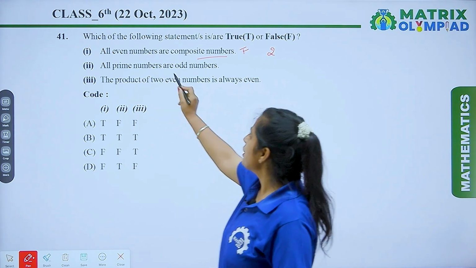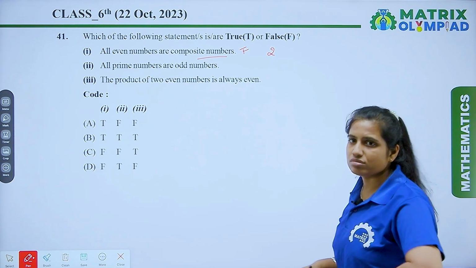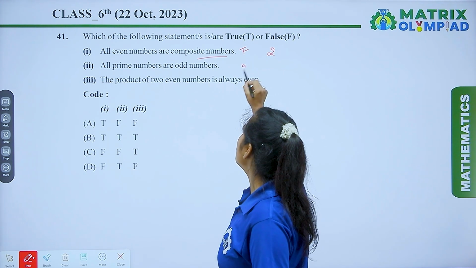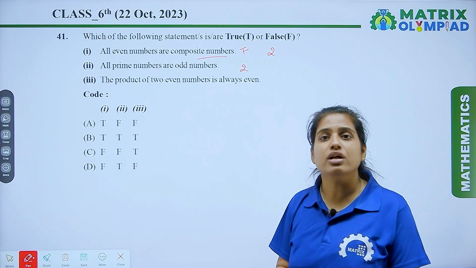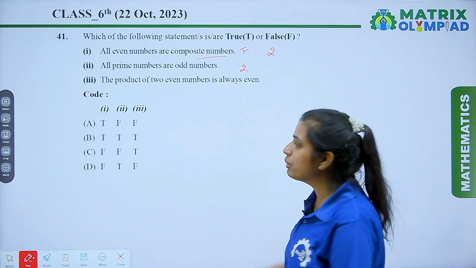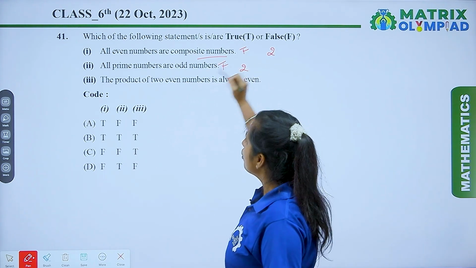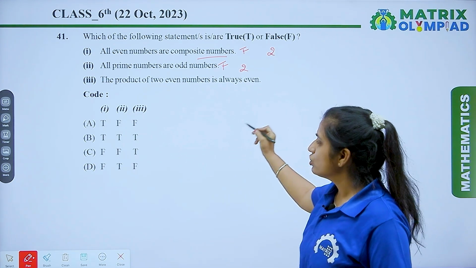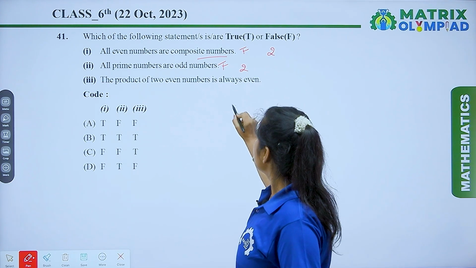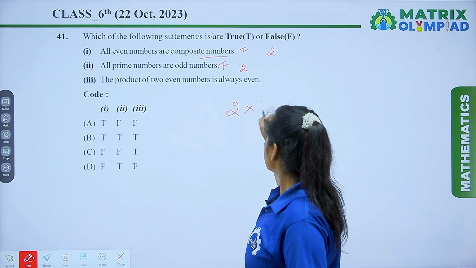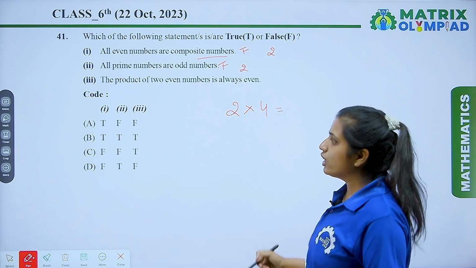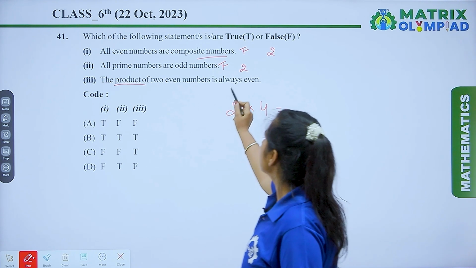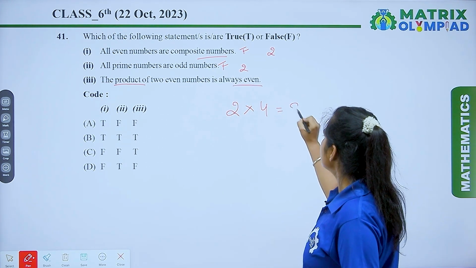Next is all prime numbers are odd numbers. Are all prime numbers odd numbers? No. All numbers are not prime numbers because 2 is a prime number and 2 is not an odd number. It is a prime number. So this statement is also false. The product of 2 even numbers is always even. So let's check with an example. 2 multiplied by 4. 2 and 4 are 2 even numbers and the statement is the product of 2 even numbers is always even. So 2 multiplied by 4 is 8.